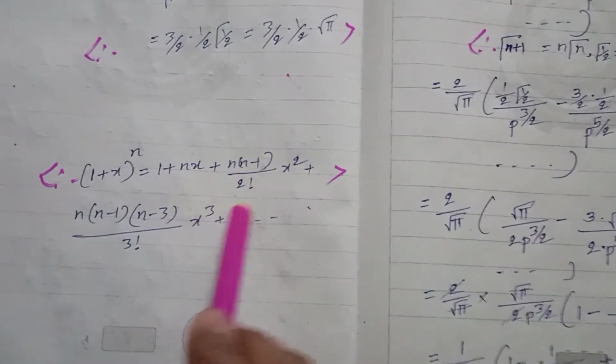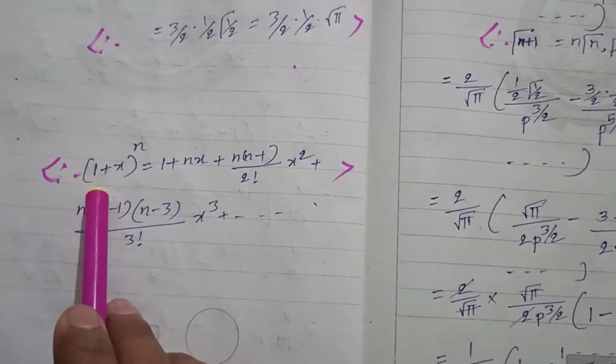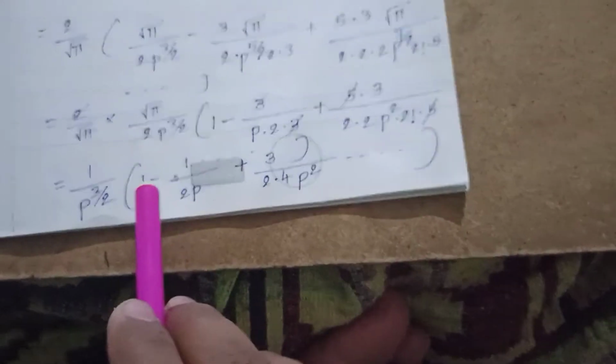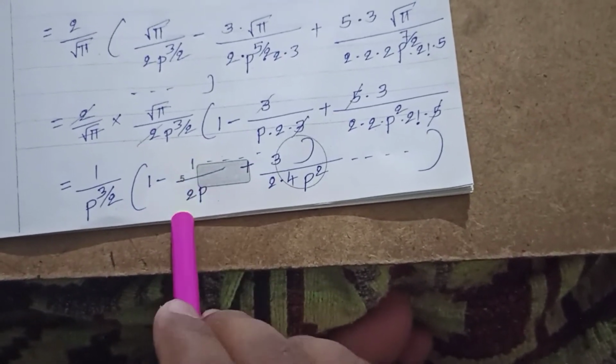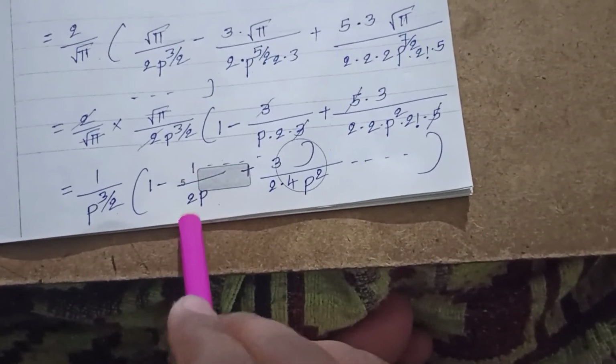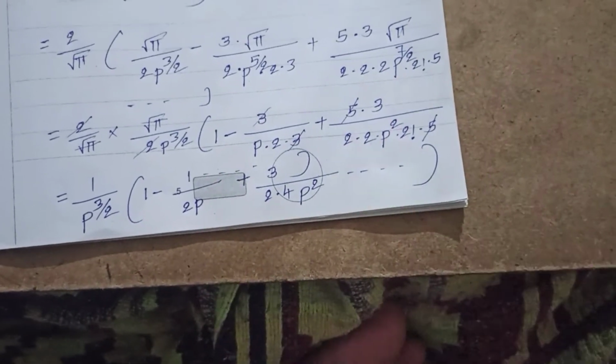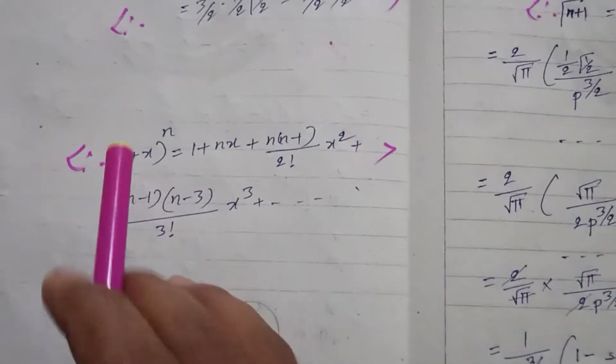If it is in this form, we can write it as 1 plus x whole to the power of n. So here n is minus 1 by 2 and x is 1 by p.